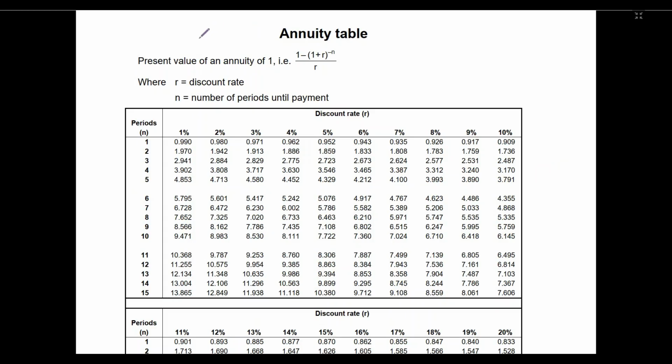Just like the present value table, the examiner will also provide us this annuity table in our exam. But we have a problem with both of these tables. Both of these tables cover only a small range of discount rates, for example from 1% to 20% only.